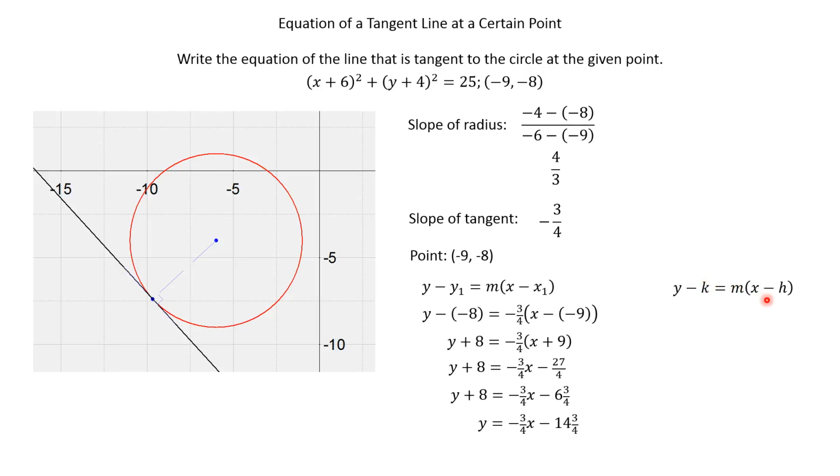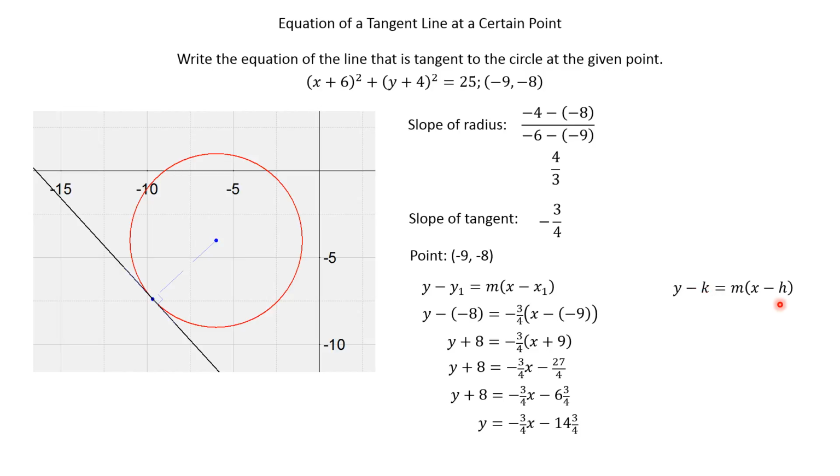It's a translation of y equals mx. In fact, m, the slope, is a vertical stretch or compression. But the minus h, then usually we'd have plus k, but we have it subtracted over here. Minus k.